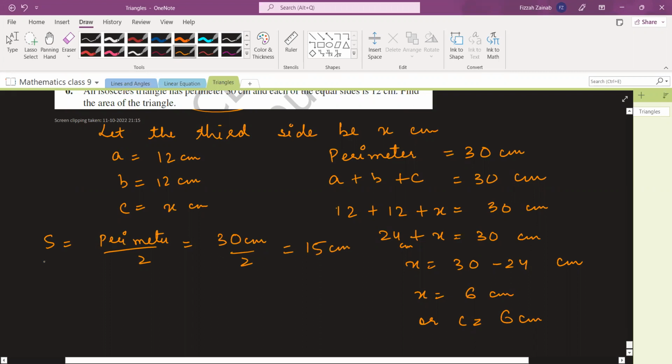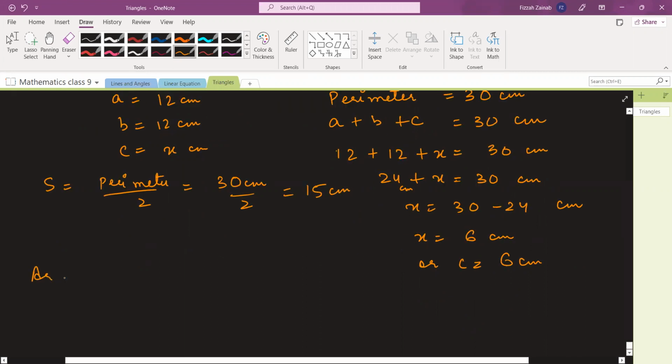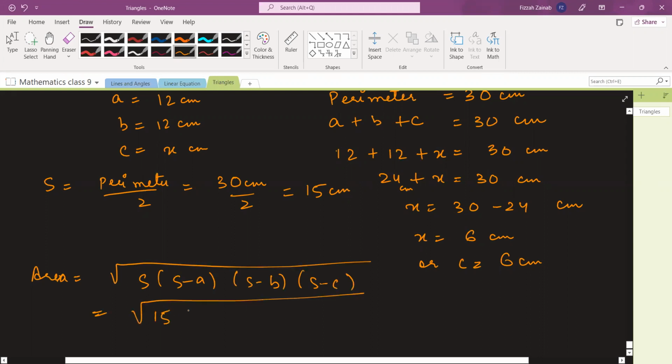So now it's simple. Now area is equal to square root of S into S minus A into S minus B into S minus C. Now S is 15 centimeter multiplied by 15 minus 12. So this is also 15 minus 12. And this is 15 minus 6, right?